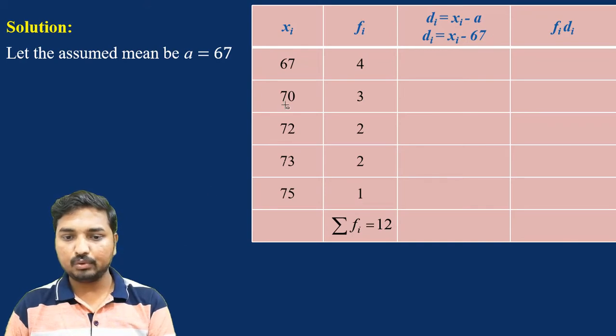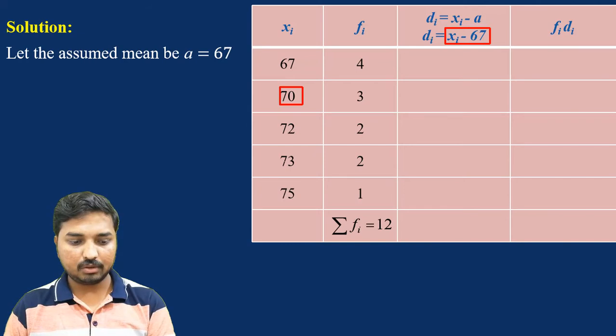So now I'm going to do like this. Xi means 67 minus 67, where a is fixed, it will become 0. In the same sense, if you move on to the second row, xi becomes 70 minus 67, it will become 3. You need to calculate like this.